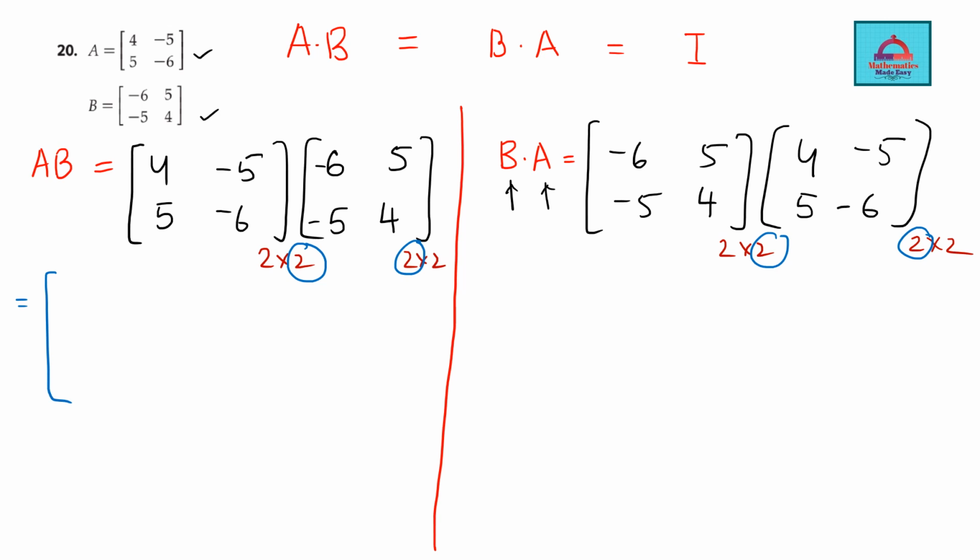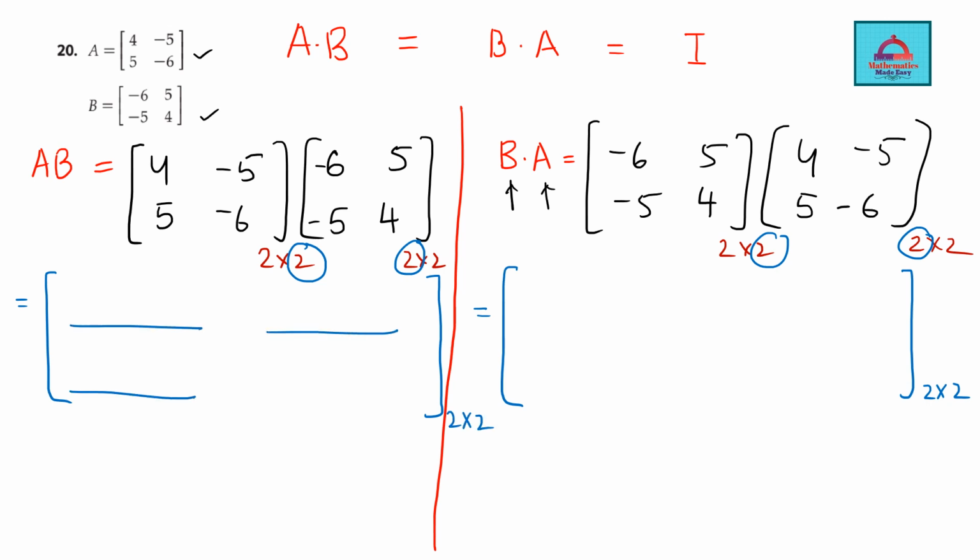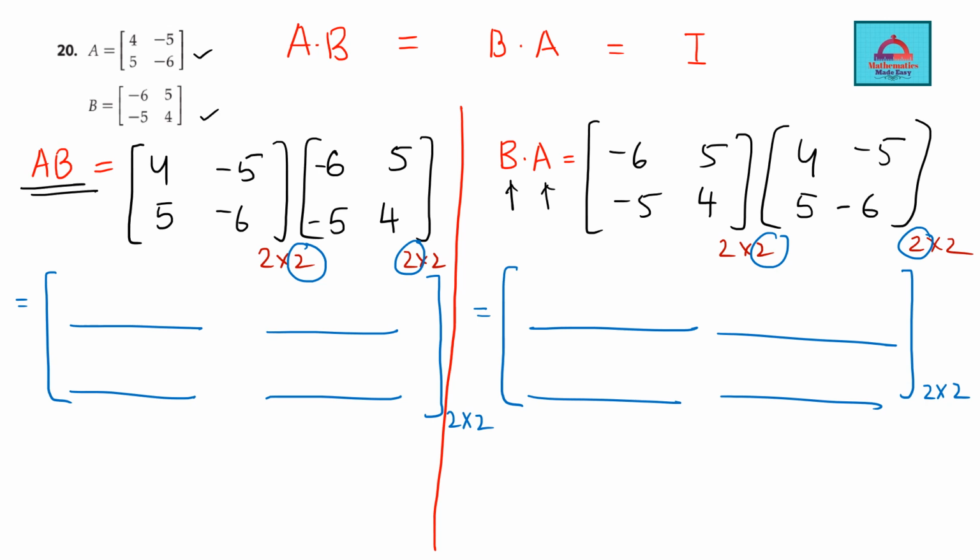Let's do it. I'll make a bigger bracket this time because we need to do the multiplication nicely, and the result is also going to be 2 cross 2. Let's fill in the blanks: 1, 2, 3, 4. I hope you understand why I made these blanks. It's just to let you know that the result of the multiplication will also have 4 elements, or 2 cross 2 order.